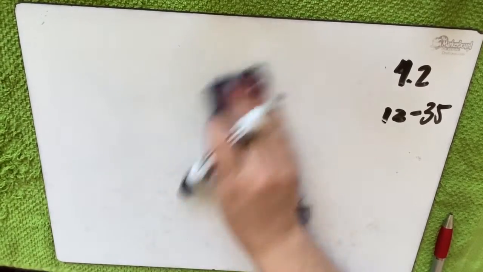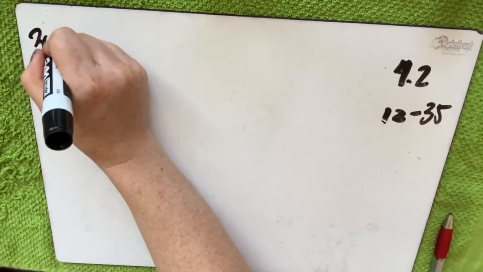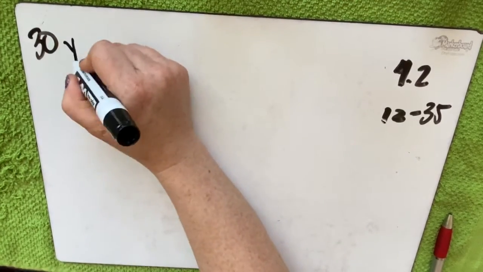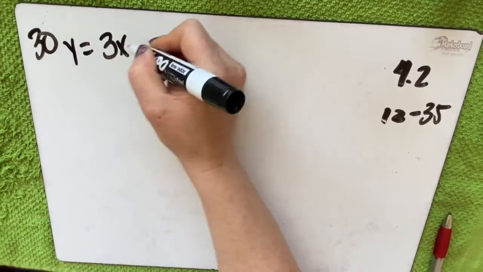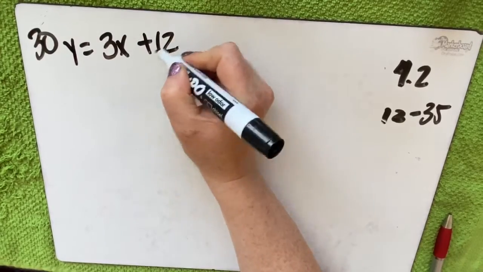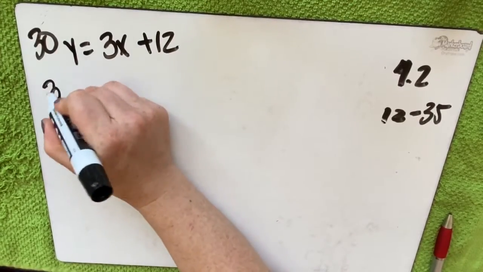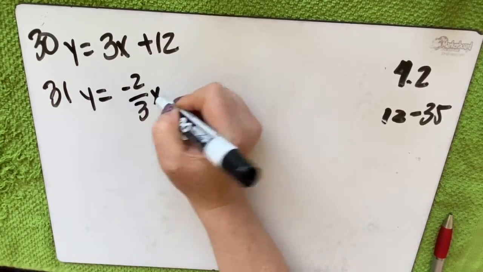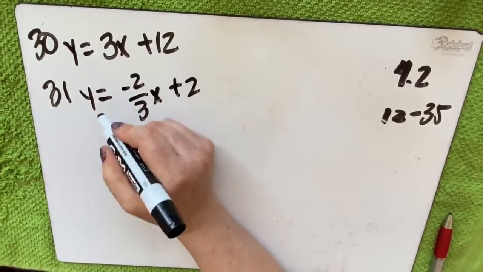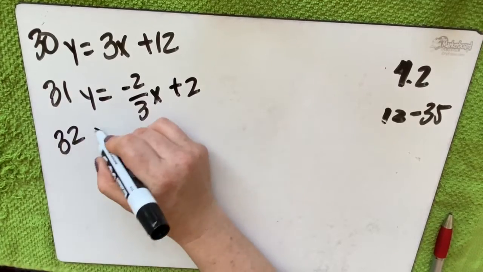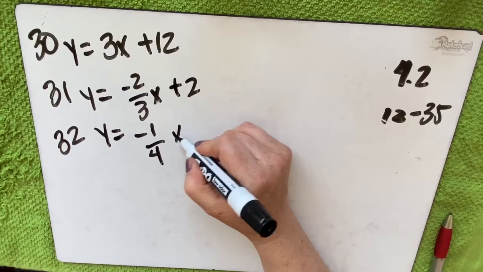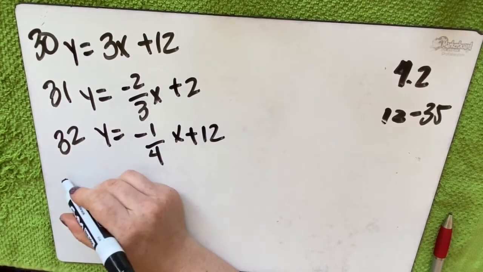Okay, 30. Y equals 3x plus 12. 31. Y equals -2/3 x plus 2. 32. Y equals -1/4 x plus 12. 33.